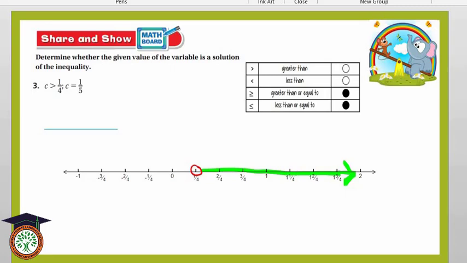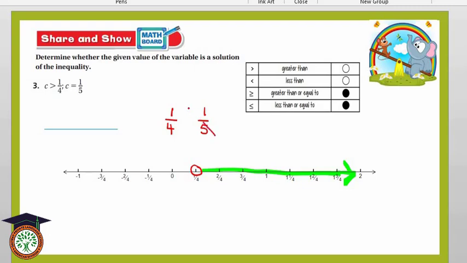Someone will say, Miss, I don't know where 1 over 5 is on my number line. I will tell you something. We can go and check our cross multiplication when we used to compare between fractions. If I have 1 over 4 and 1 over 5, which one is greater?